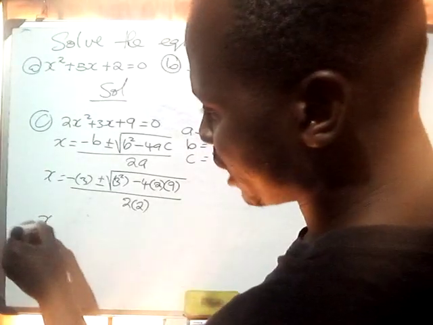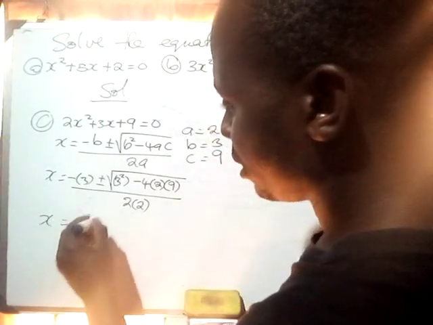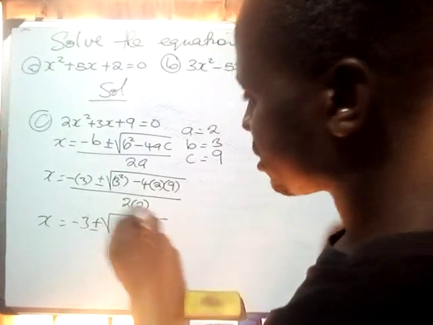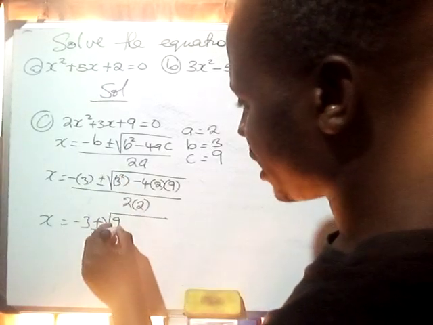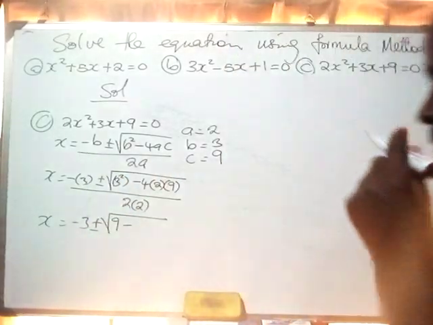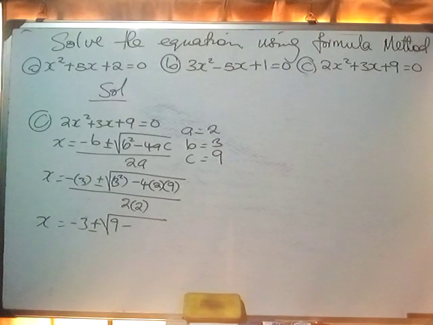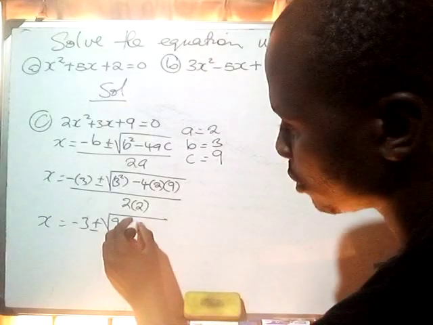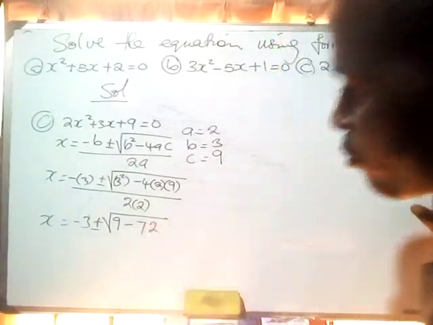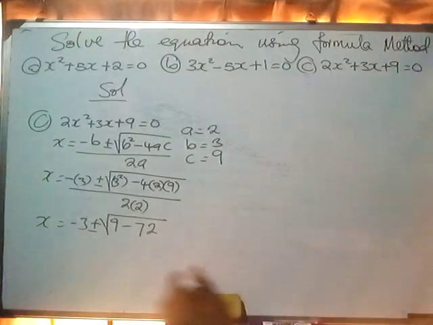So we have now x is equal to negative 3 plus or minus the root of 3 squared, which is 9, minus 4 times 2, which is 8. 8 times 9, the answer is 72.